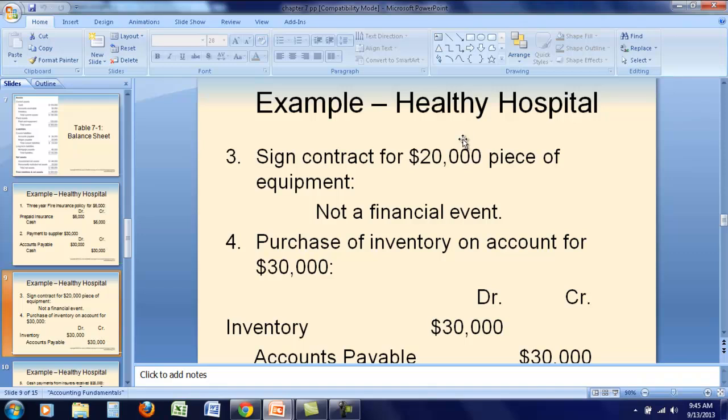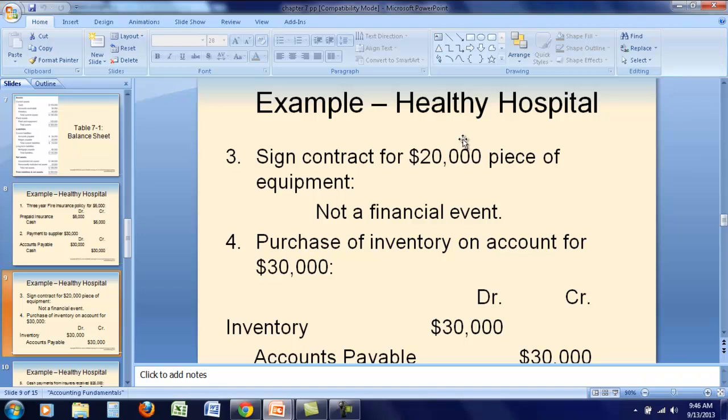So what about inventory? What if you purchase your inventory on account? What on account means is you don't pay them cash, you owe them the money. It's like an IOU, but you owe them the $30,000. So you debit inventory for $30,000 to note that you're receiving the inventory.